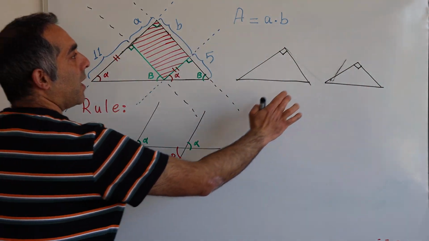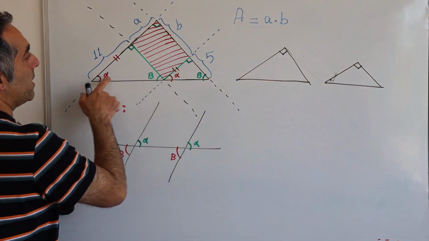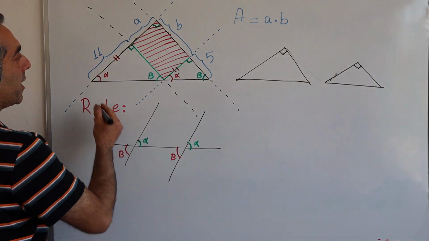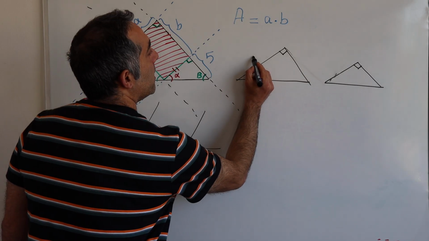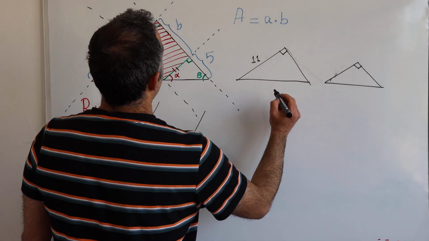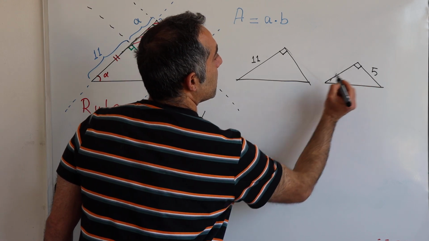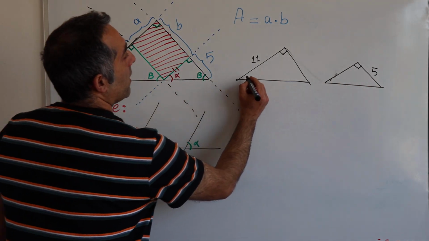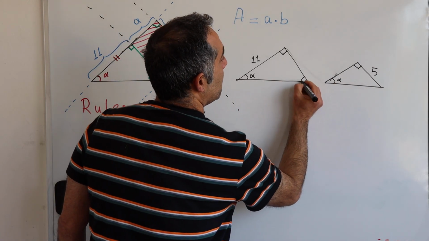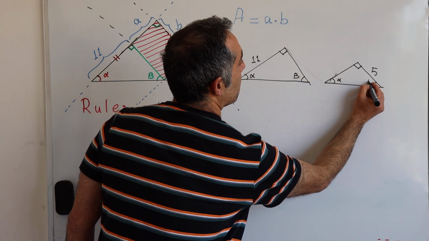This one represents this triangle and this one is the smaller one. Now I can write everything about it. This one is 11, and this one here is 5. This one is alpha, alpha, beta, and beta.